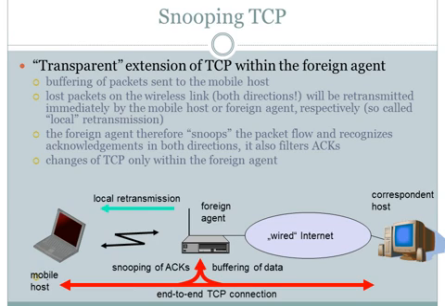And you can see, whenever it sees that any data in one direction is lost, it immediately retransmits data in that direction. If it sees data on one link is lost, it will immediately send that lost data without any delay. And again, this requires a change in only the foreign agent or the access point.